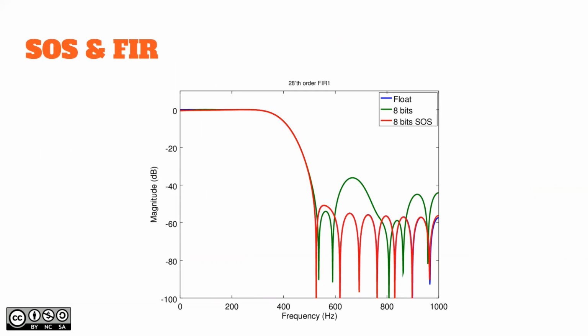The green is when you have the direct form system and 8-bit quantization of these filter coefficients.